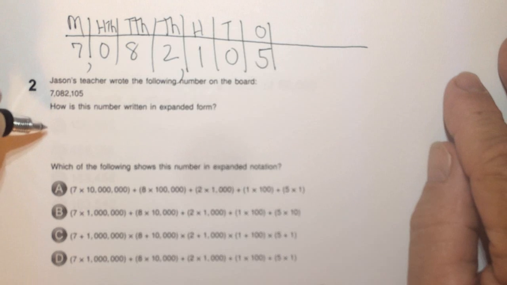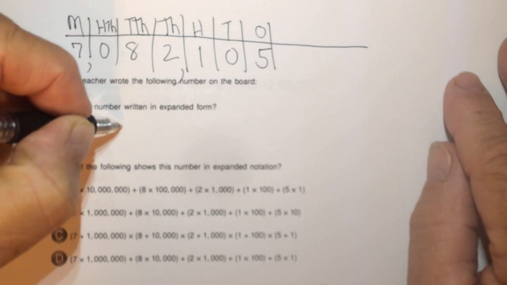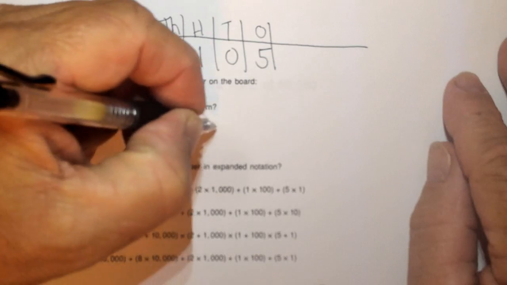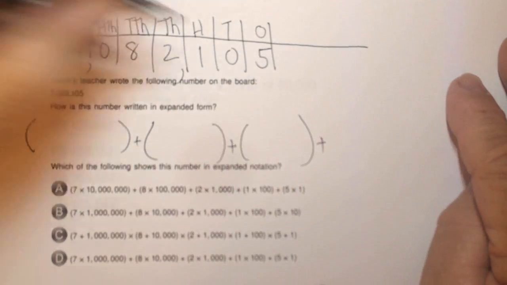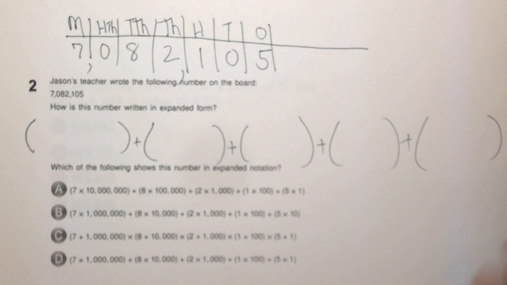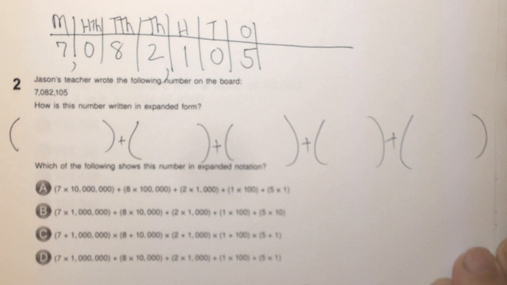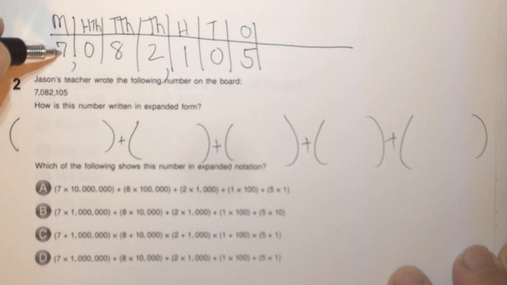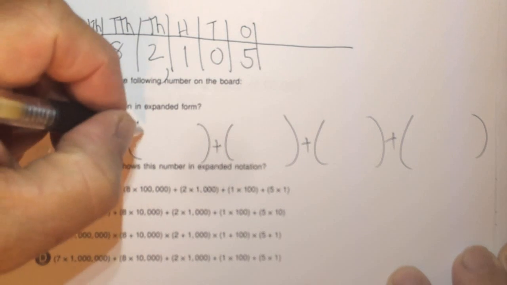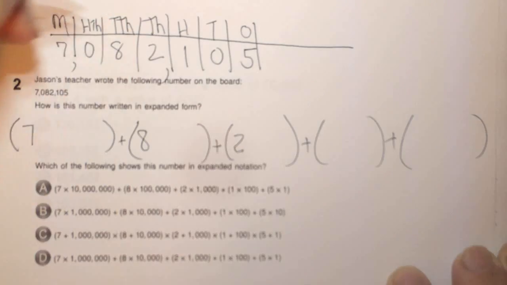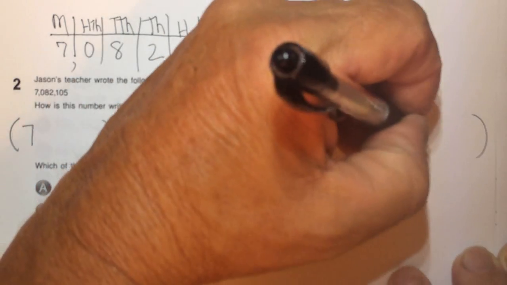Alright, so I'm going to put them down here. 1 set plus 2 sets plus 3 sets plus 4 sets plus my 5th set. Okay, now inside each one of these, all I have to do is put those numbers other than 0 at the front of each parentheses. 7, 8, 2, 1, and 5.